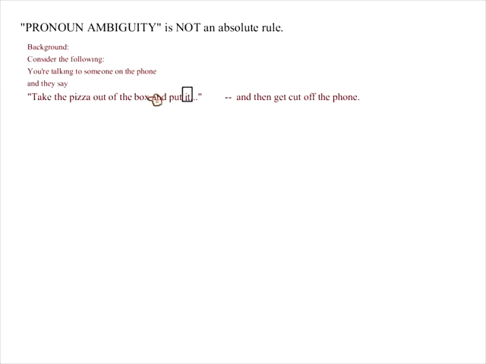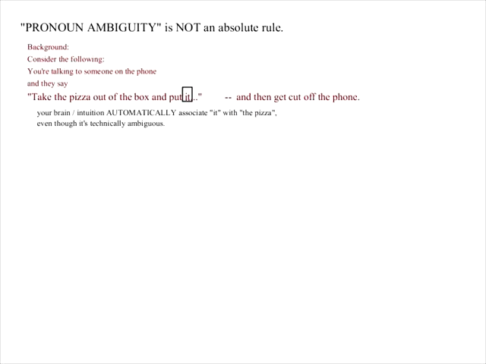If you look at people's answers in the text box, we have absolutely uniform responses of the pizza. In other words, your brain and intuition automatically associate it with the pizza, even though we have a perfectly respectable other antecedent, even though it's technically ambiguous.